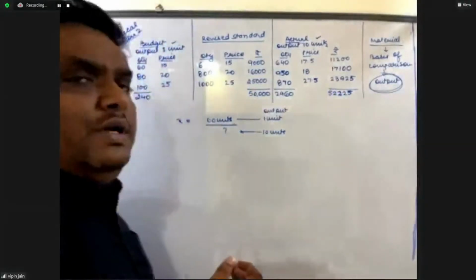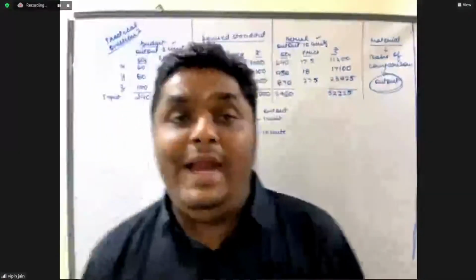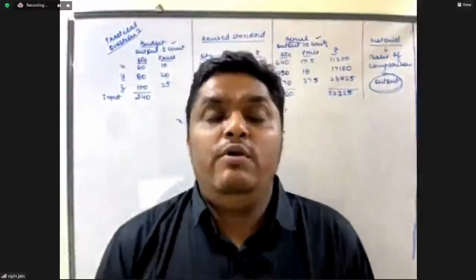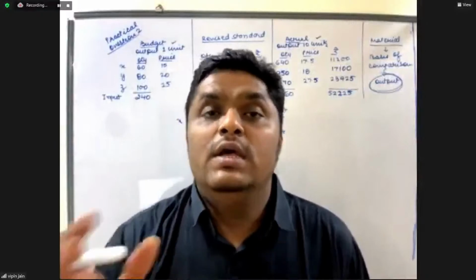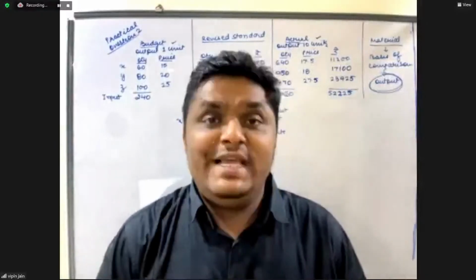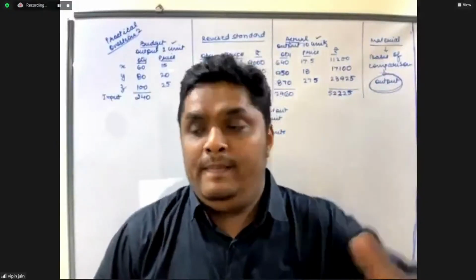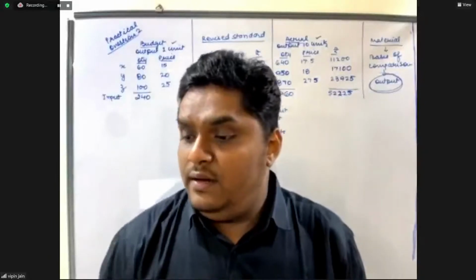See guys, the total input is 240 units and we are getting an output of 1 unit. This does not mean that 239 units is the normal loss. This is not the case. Let's say I'm in the automobile industry. I manufacture cars.